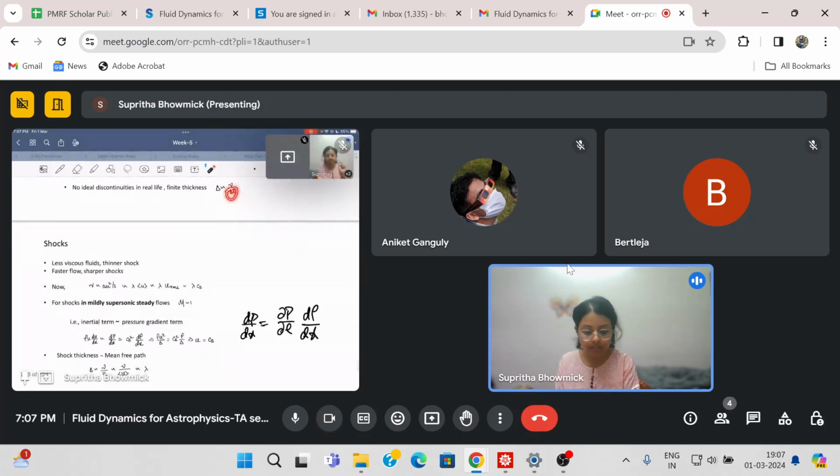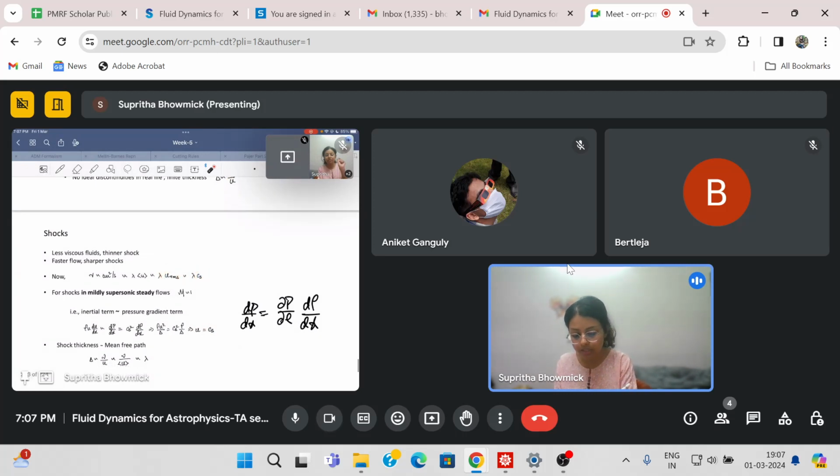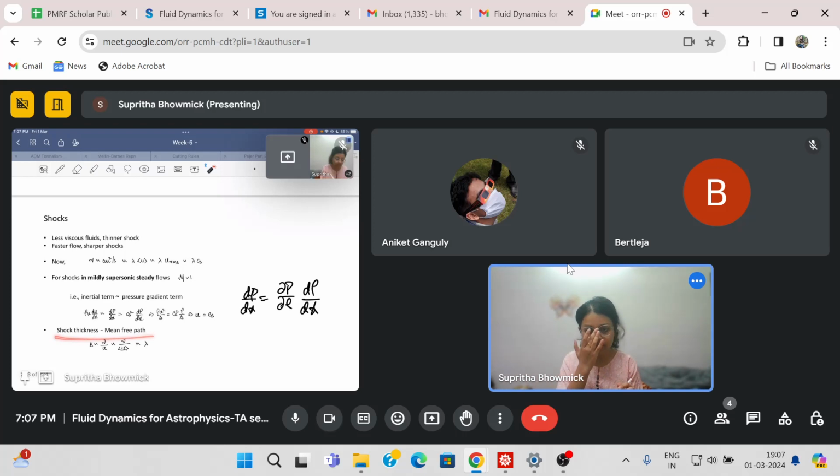And u, as we discussed, is the velocity of the fluid parcel, comparable to the speed of sound, comparable to the RMS velocity, and so on. You just substitute this over here to get this, which is lambda. So the essential point to carry from this is that the shock thickness in real life is comparable to the mean free path, modulo a few factors.